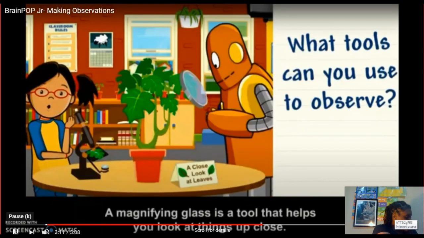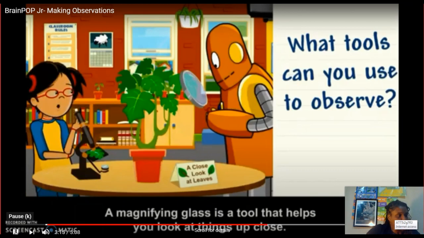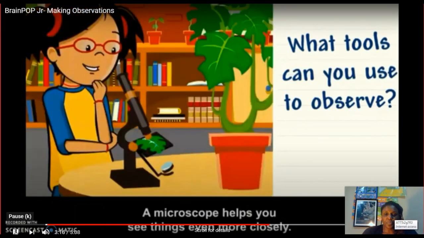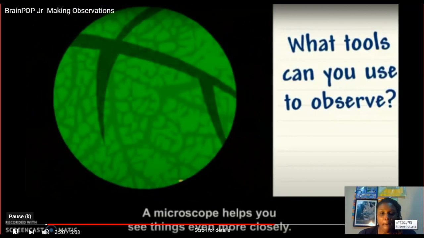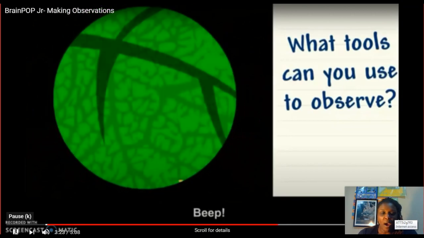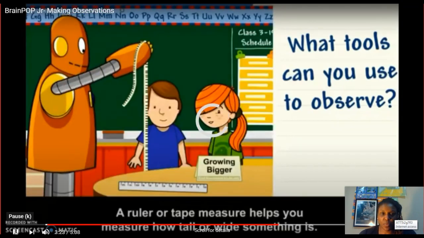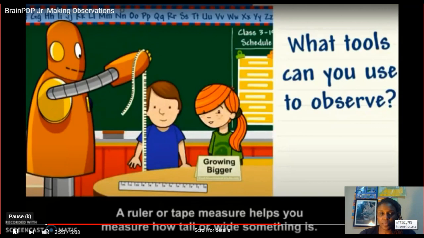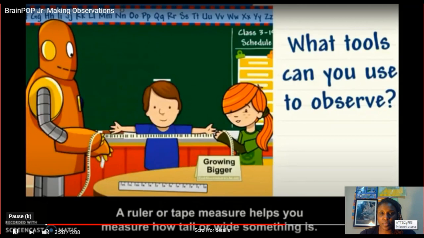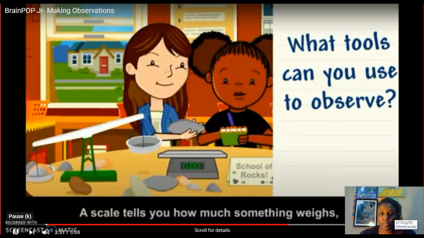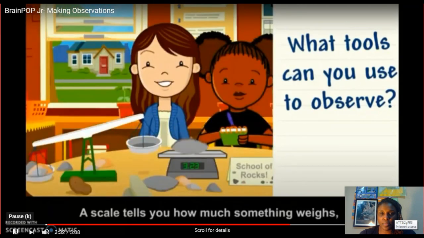Tools can you use to observe? Right. A magnifying glass is a tool that helps you look at things up close. A microscope helps you see things even more closely. A ruler or tape measure helps you measure how tall or wide something is.